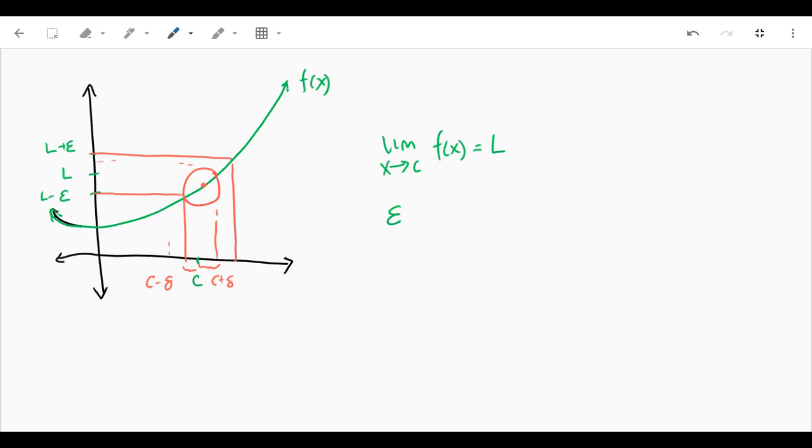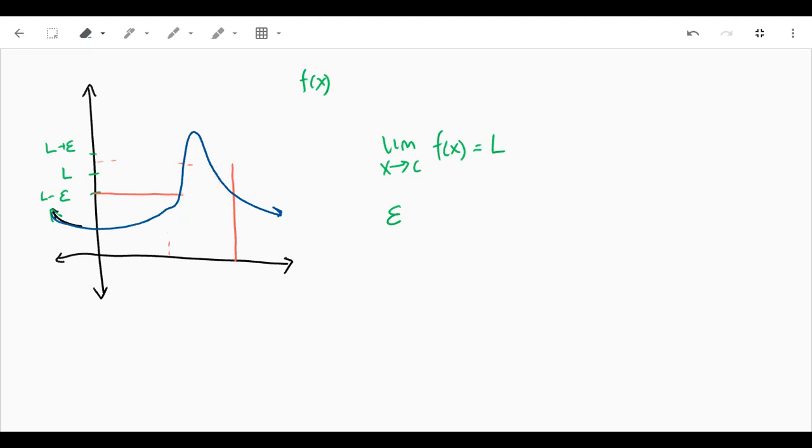A non-example would be like if our function went like that. Okay, and at c, let me erase some of this old stuff. Oh, I erased my function. That's okay. I'll draw it again. In fact, I'll redraw the whole thing.